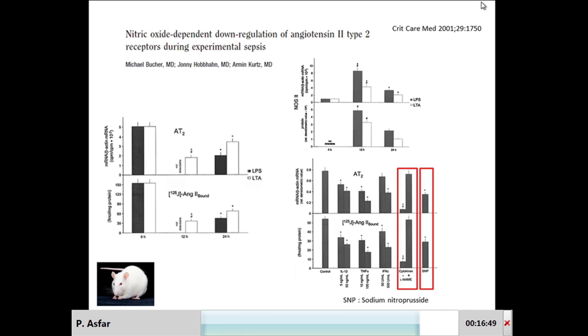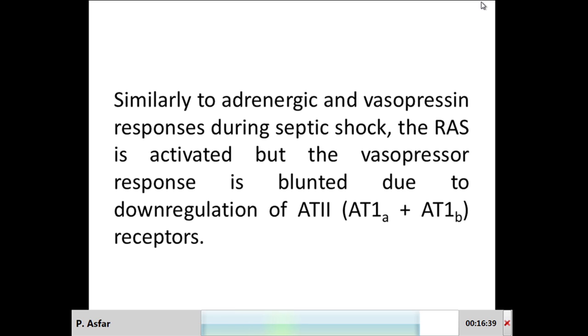So the response is mediated via nitric oxide synthase and nitric oxide. To summarize, it's similar to adrenergic and vasopressin responses during septic shock. The renin-angiotensin system is activated, but the vasopressor response is blunted due to downregulation of the receptors of angiotensin II.